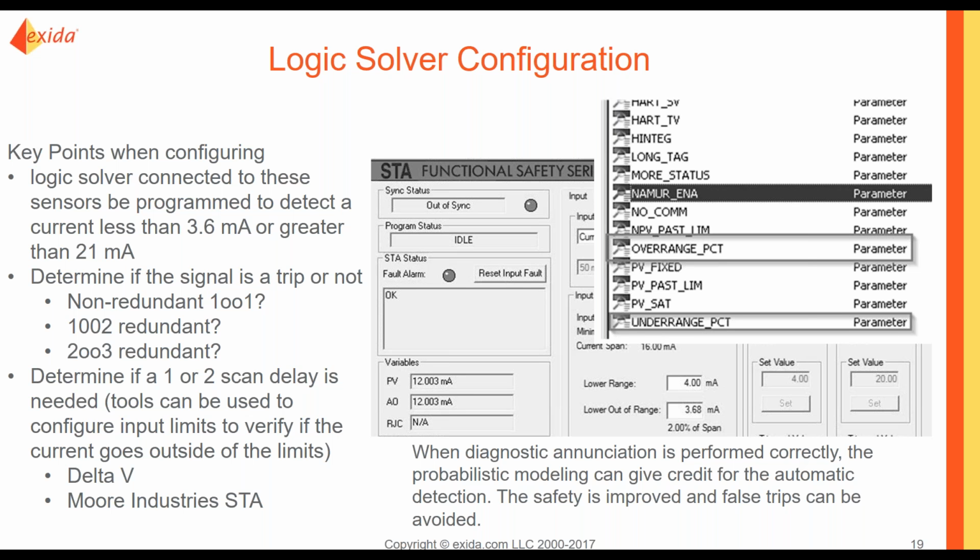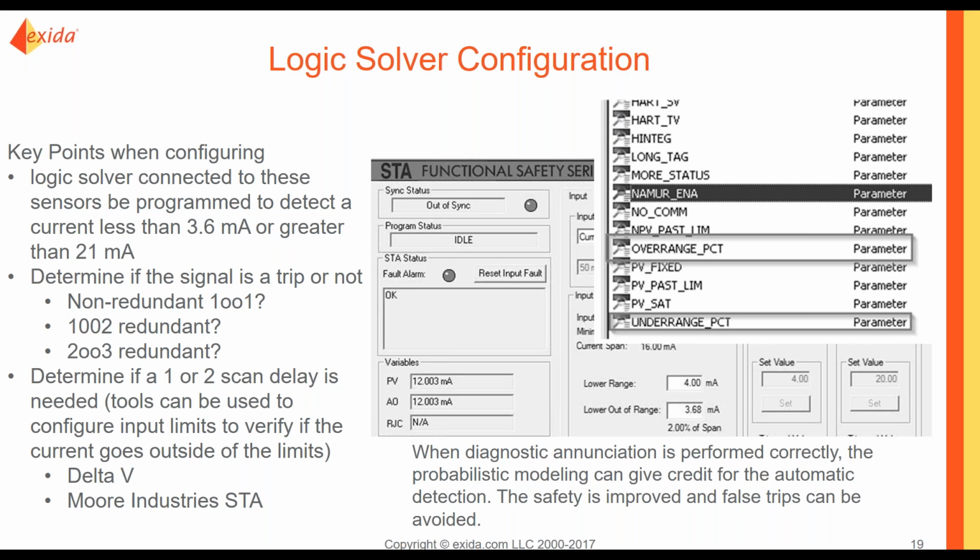In non-redundant architectures such as 1 out of 1 and also redundant 1 out of 2 sensor architectures, most engineers choose not to trip, but instead just to annunciate a failure alarm to the maintenance team.